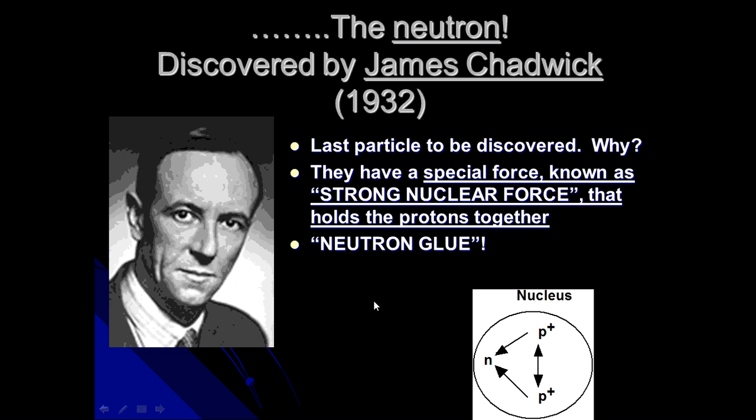So he did a couple of experiments. This is the video that I would highly recommend you go watch, the ones from the YouTuber. Basically, he also shot alpha particles at some other elements, but they weren't emitting a charged species of any kind.